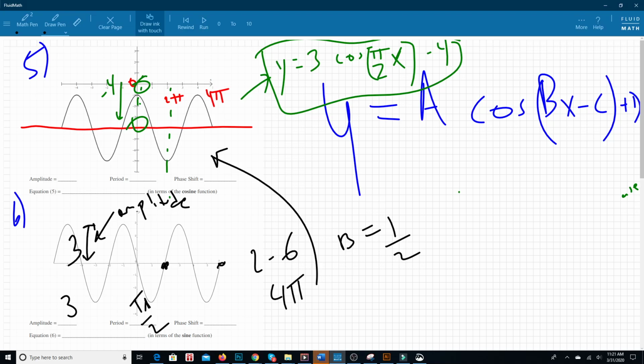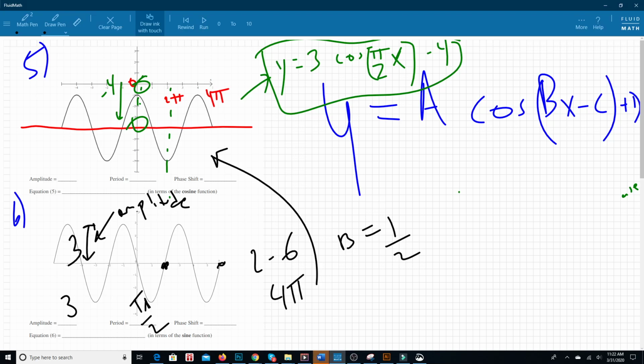Alright. Then we need a phase shift because look at it, it's shifted by 2 units. Right? So in this case, it moved 2 to the left, it moved this much.